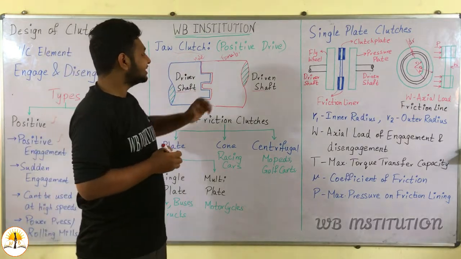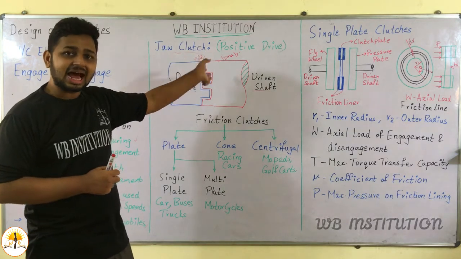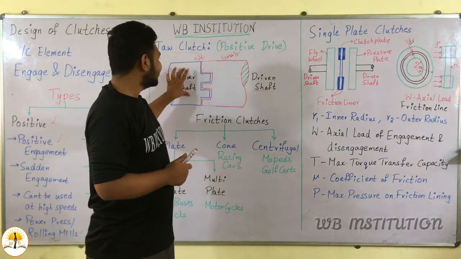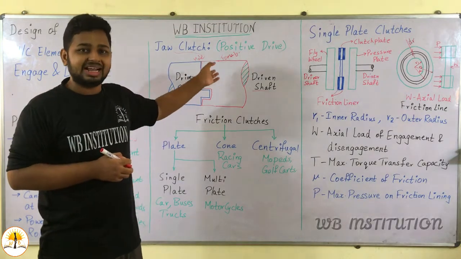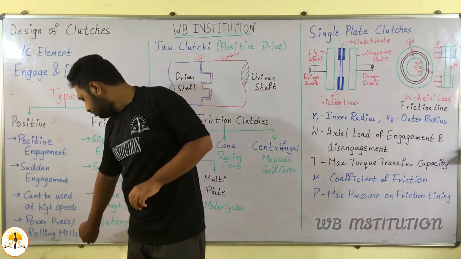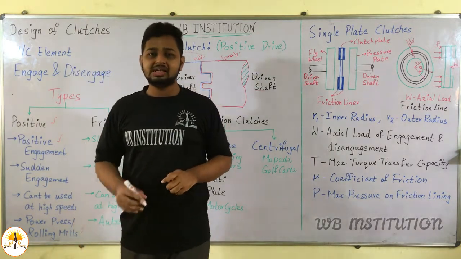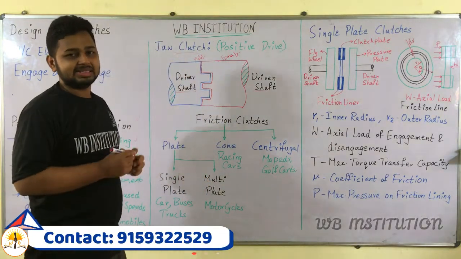So this is known as a positive drive, and in a positive drive the efficiency is higher. It can be used in low power, low speed transmission conditions, such as in a printing press, power press or rolling mills. We can see this type of clutch used in these applications.